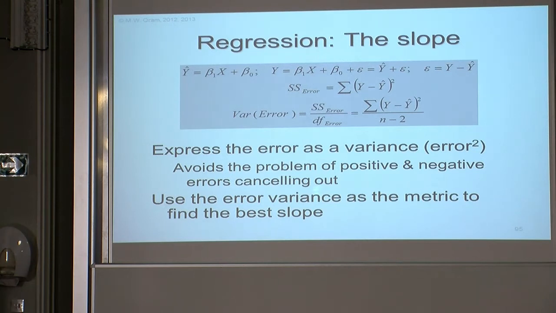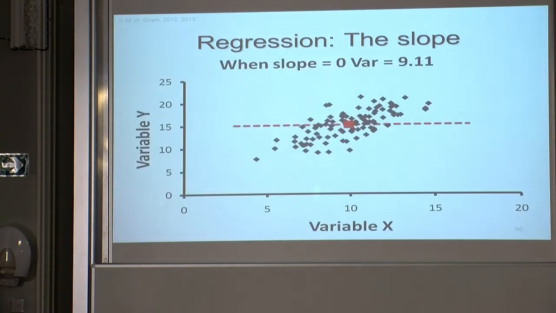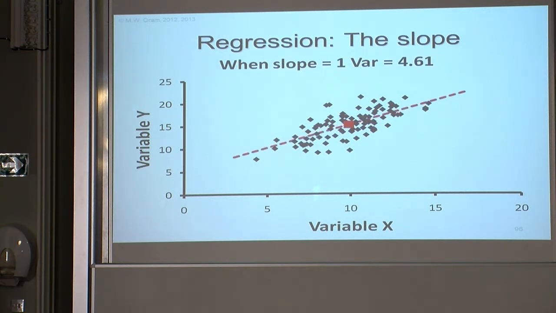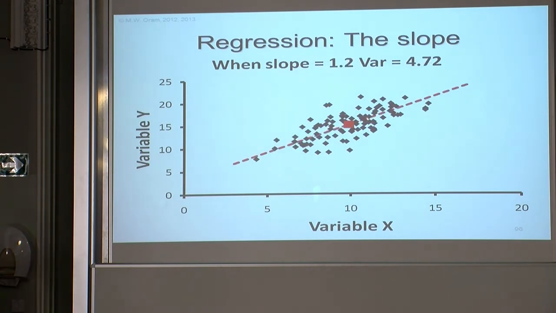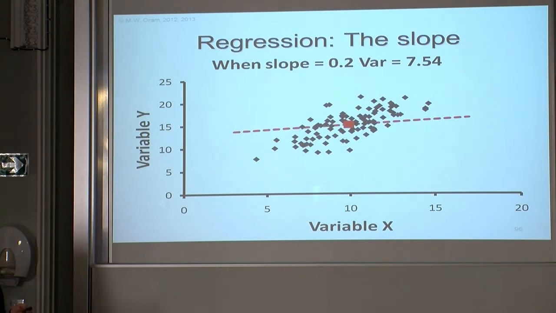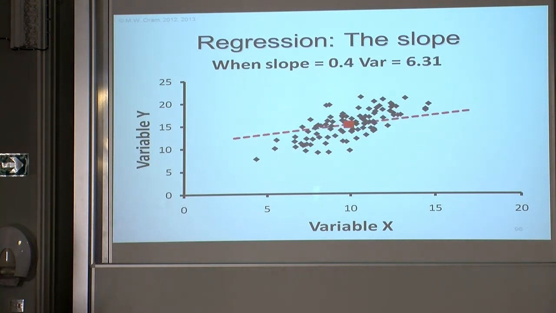So you'll often hear people referring to regression as least squares. What that means is that it's minimizing this variance measure. Here you can see the variance for different slopes. As the slope changes, the variance decreases and then starts to increase again.